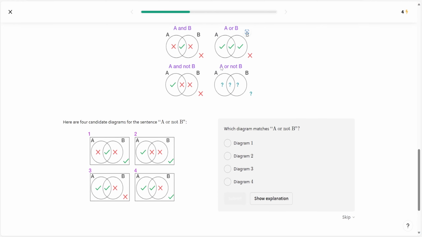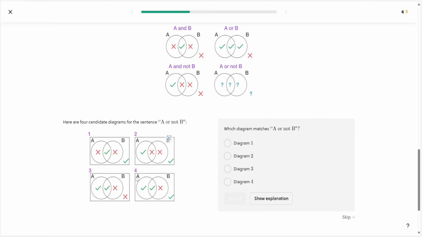What have we got up here? So this is the same as this. This is the same as this. Neither of these are the same. Okay, so it's definitely not either of these two. Right, here are the 4 candidates for the sentence A or not B. So it's one of these two.